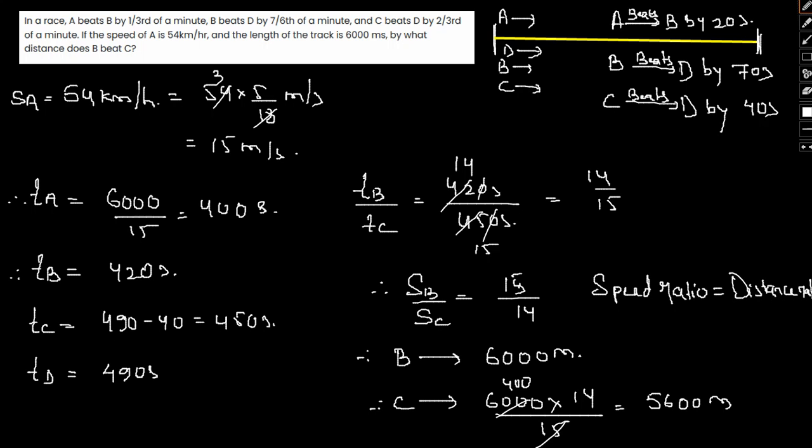So the difference would be that B beats C by 6000 minus 5600, or 400 meters. This will be our answer.